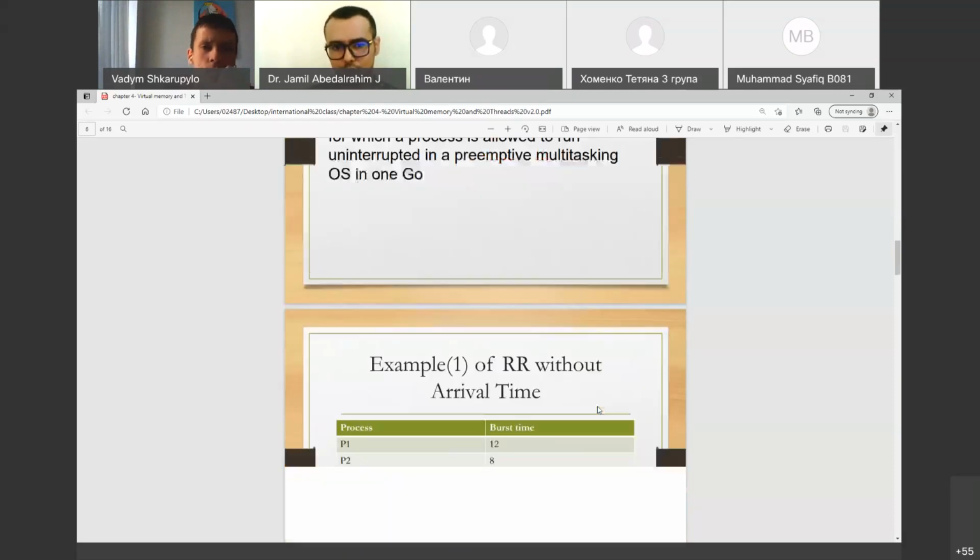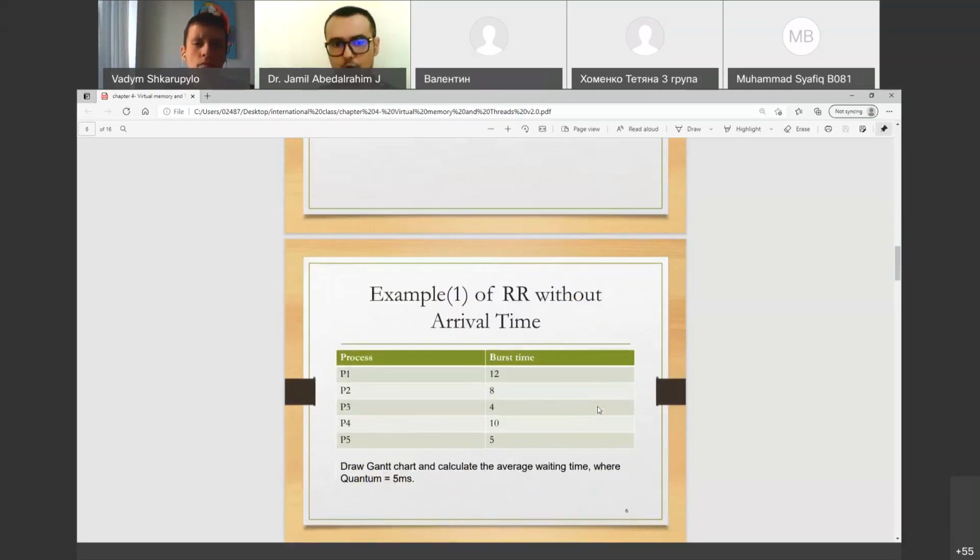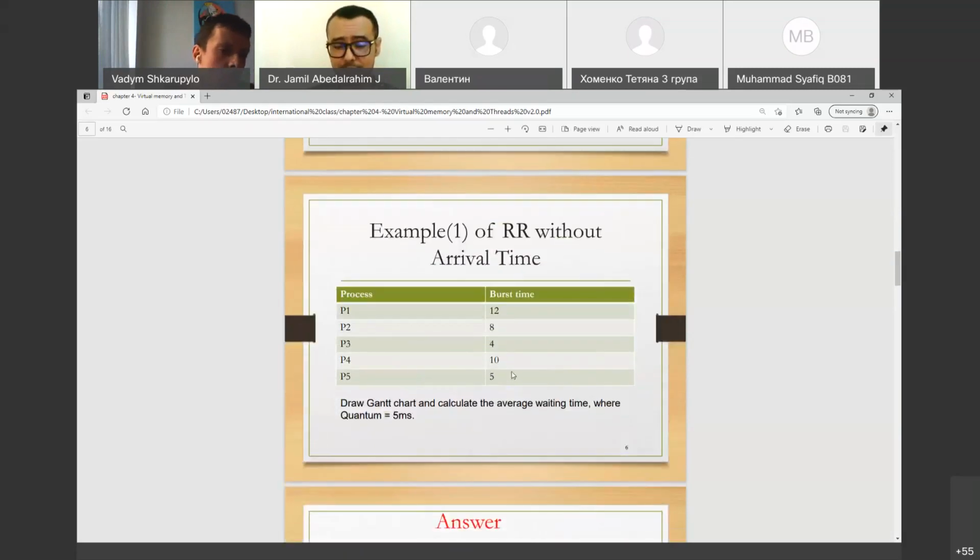I will now show you in practice how to draw the Gantt chart. Let's take this example. While I explain it, you will understand what time quantum means. Here we have 5 processes. Each process has a burst time, which is like the amount of work or execution time.